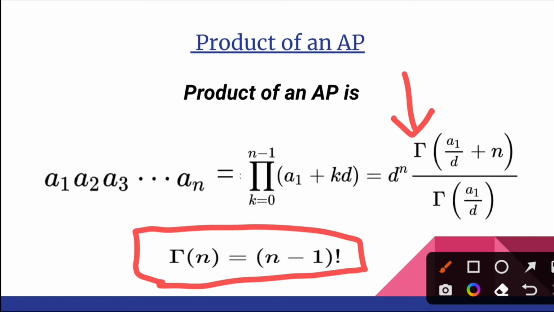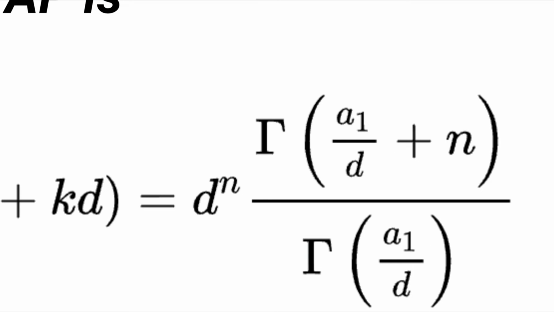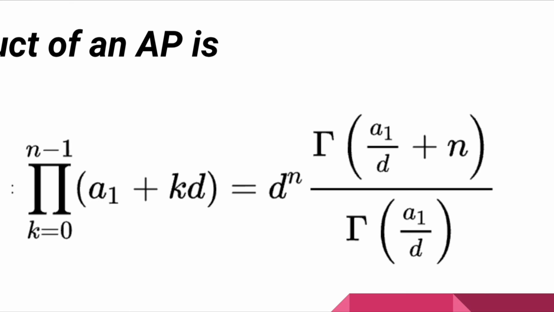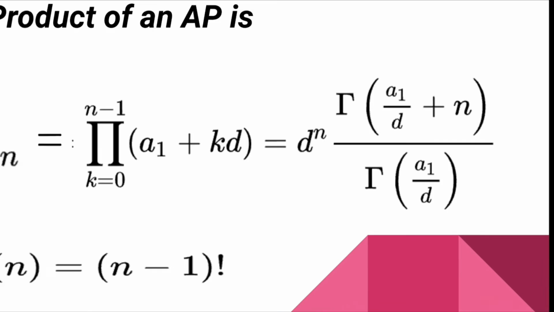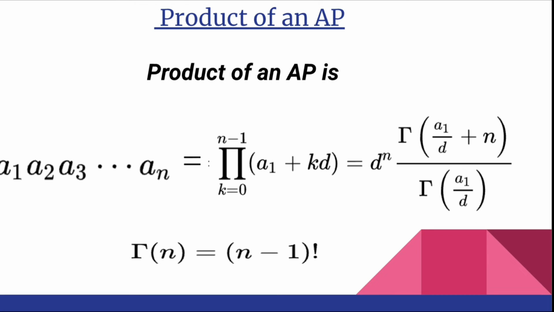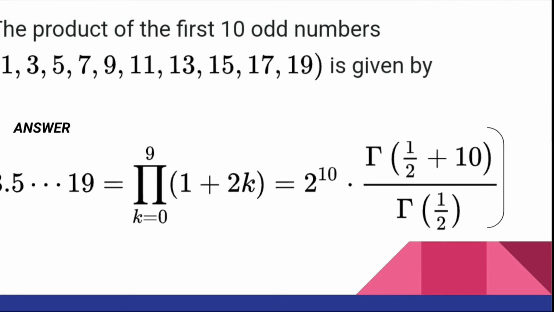So it becomes a1 upon d plus n minus 1 factorial, and this divided by a1 upon d minus 1 factorial, right? It is very easy, and if you don't understand it right now, I am giving you an example.